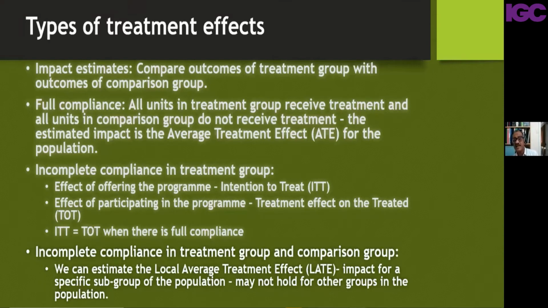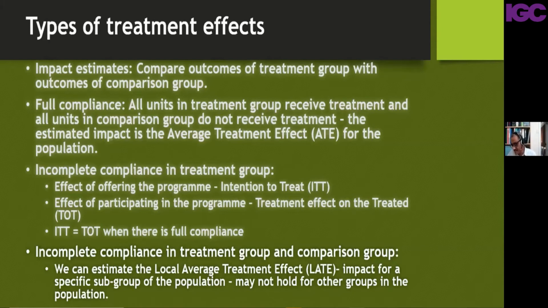The incomplete compliance in the comparison group occurs when someone who is not eligible to participate manages to participate in the program. So let us say a person is above the poverty line, but manages to get included in the below poverty line list and therefore participates in the program. So if people who are not eligible to participate in the comparison, the non-participants, participate by some means, then that leads to incomplete compliance in the comparison group.